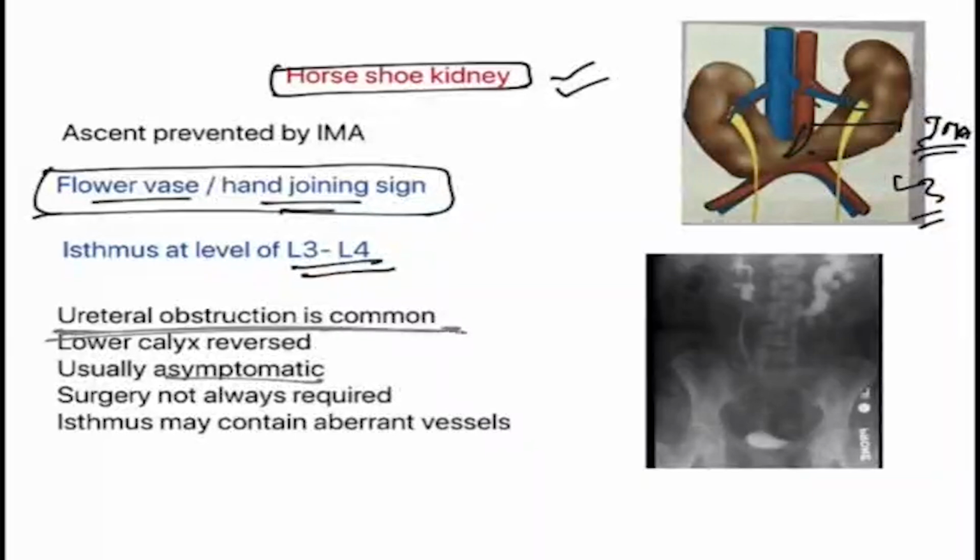The clinical features of horseshoe kidney: it is usually asymptomatic, but ureteral obstruction is also common. Lower calyx is reversed. So normally the lower calyx is coming in this direction, but here the direction of lower calyx is reversed.